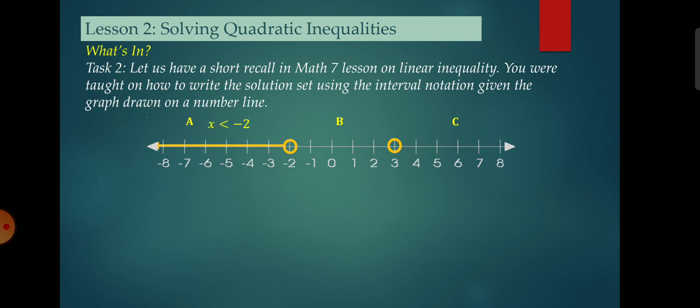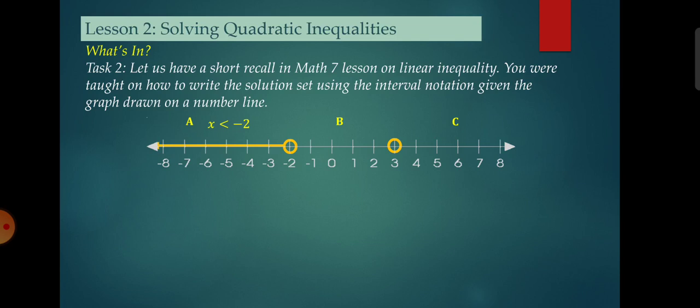Based on grade 7, if the solution is pointing to the left of the open dot, then the solution is to the left. So, what are the values of x there? Should it be greater than negative 2 or less than negative 2?